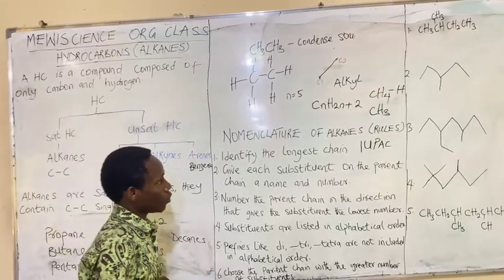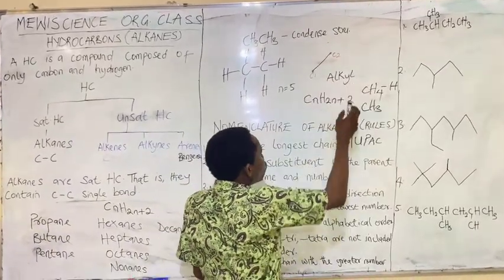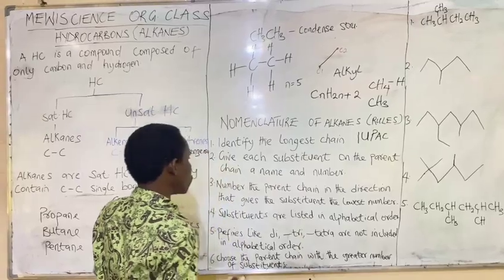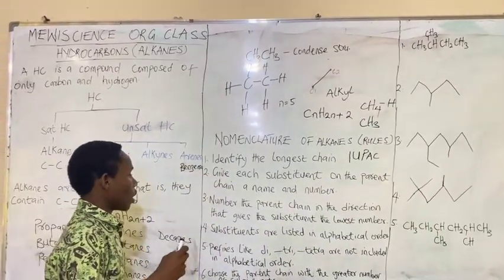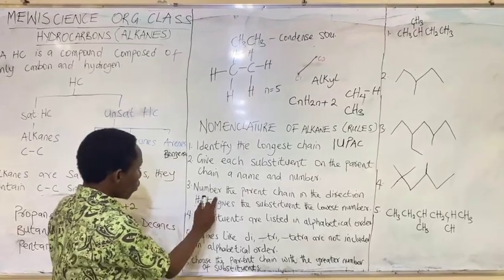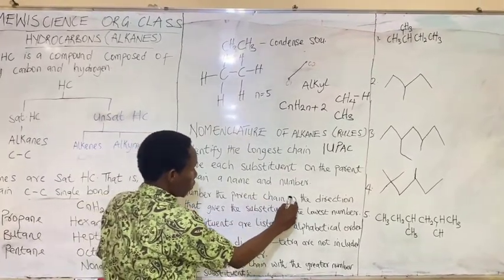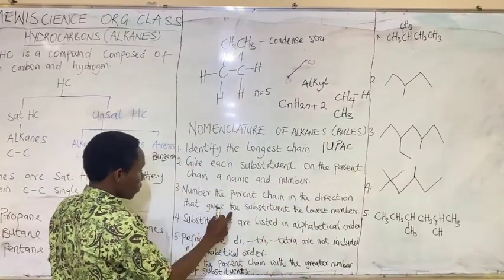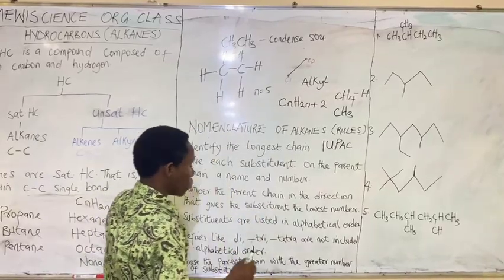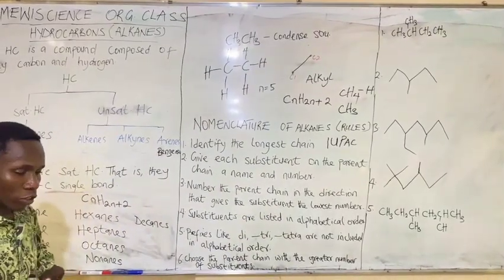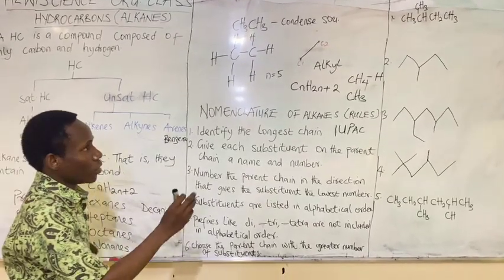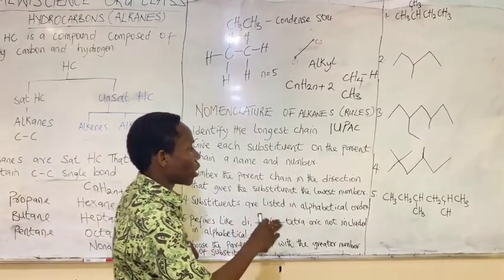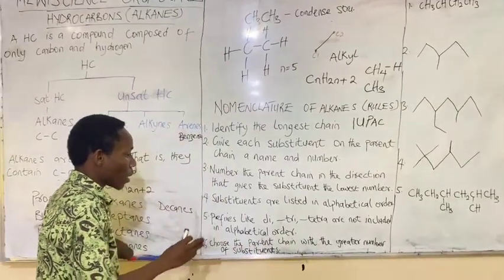Remember, I talked about the alkyl group. The alkyl group is known as the substituent in most instances. Another thing you have to know is to number the parent chain in the direction that gives the substituent the lowest number. Don't worry yourself about memorizing all these things or understanding them now. When we start naming different hydrocarbons, then you will know how to apply all these rules.